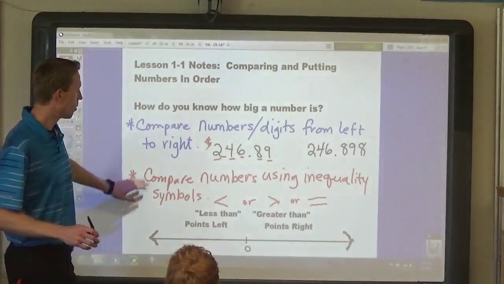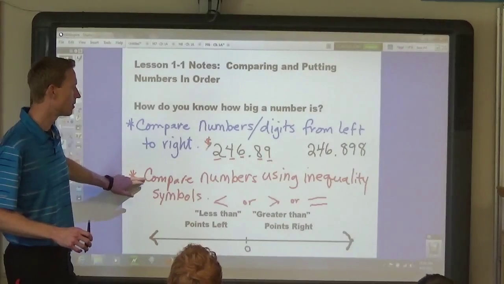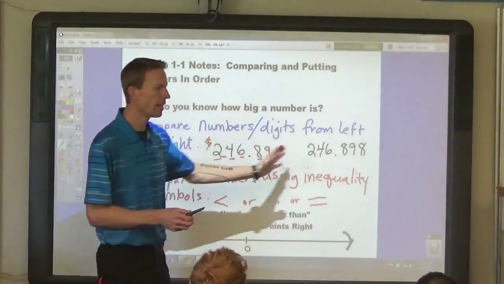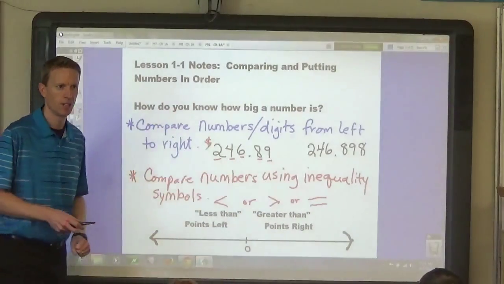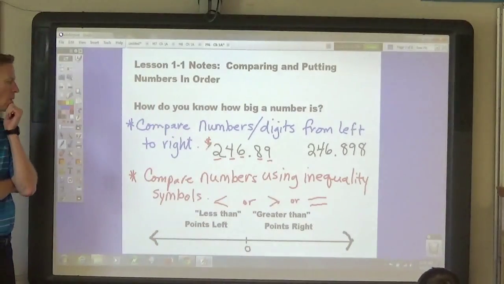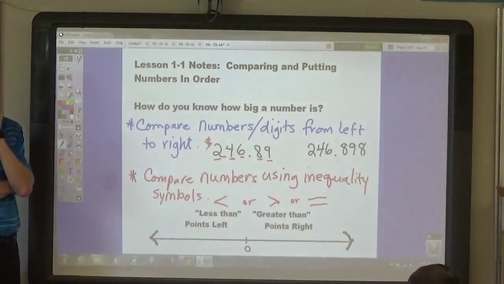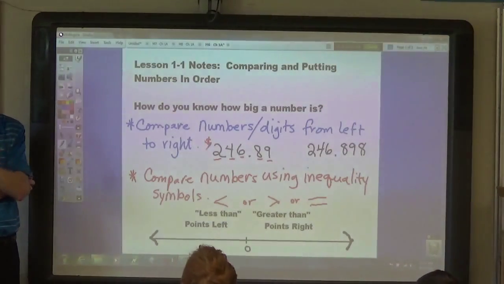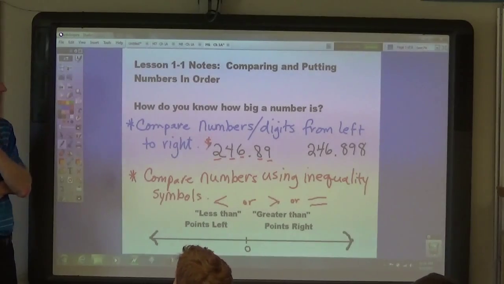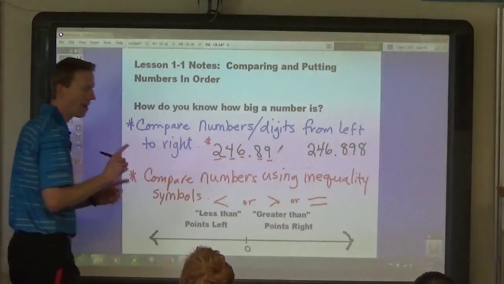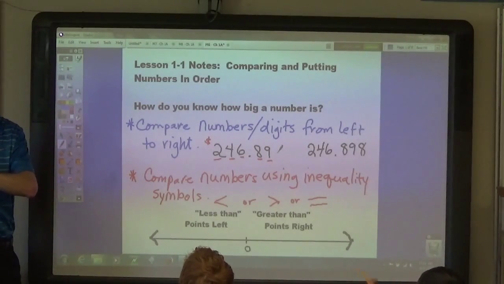Now, when we're comparing numbers, we use the symbol to compare them. And then we read this whole thing like a sentence. So what symbol should go in between the numbers, and why? Liz. Greater than. Okay? Now, let's back up a little bit and let's see if you're correct.